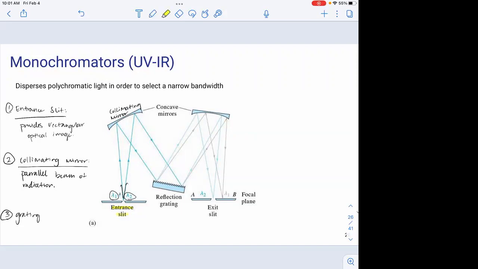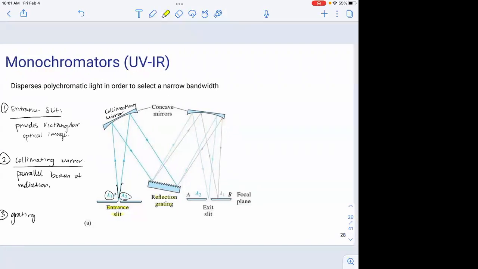So that's this guy here. The idea of a grating is that it actually disperses the radiation into component wavelengths, right?